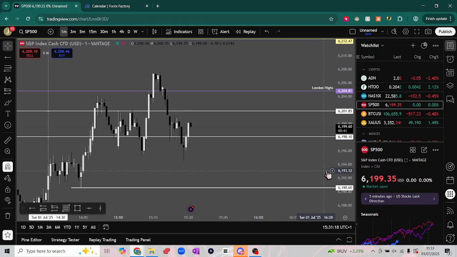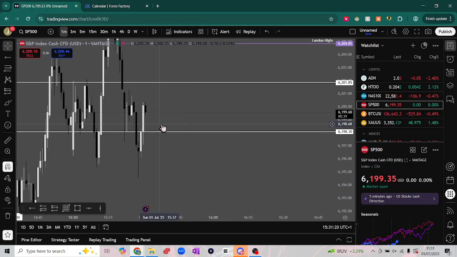So yeah, 1 minute break of structure, and then fair value gap, order block, equilibrium, whatever comes to us.